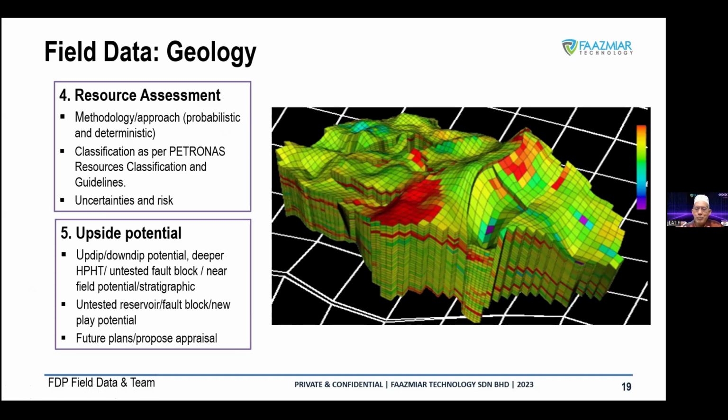Upside means it can be more. So of course you separate that as a separate subject. So when you present to the government, or to your shareholders, you're going to show that okay, this is what we believe the volume of hydrocarbon that we can produce, but we might also have a potential of having more. So that's kind of information.